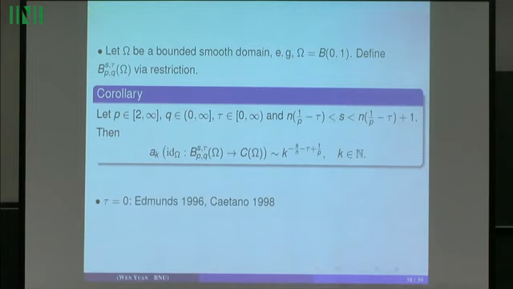If p is greater or equal to 2 and s is in this range, then for the approximation numbers of the embedding operator from the B space into C, we can have a concrete estimate in terms of this parameter k. If τ is equal to 0, this is already known in these papers.